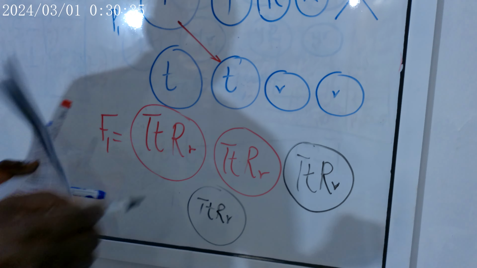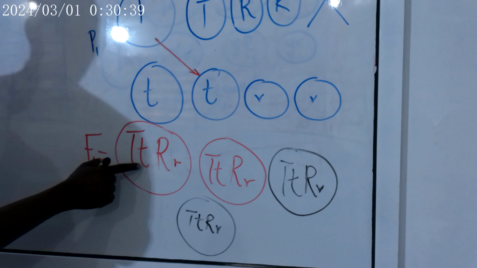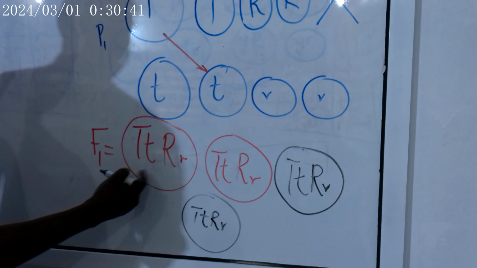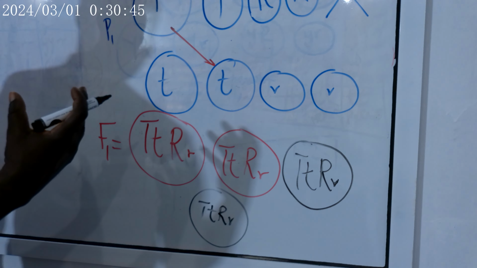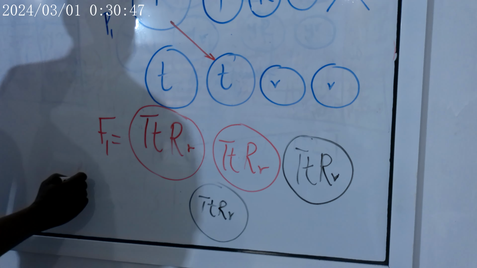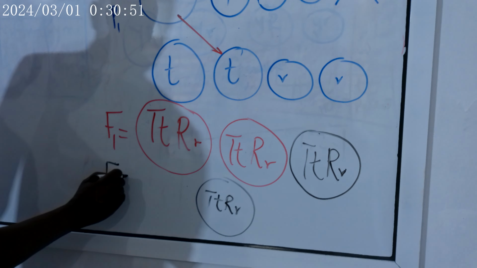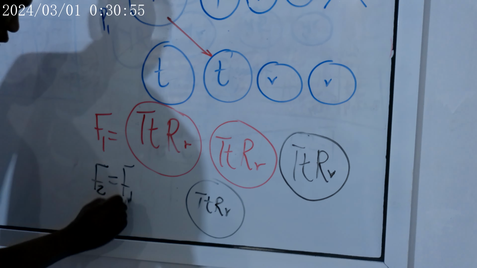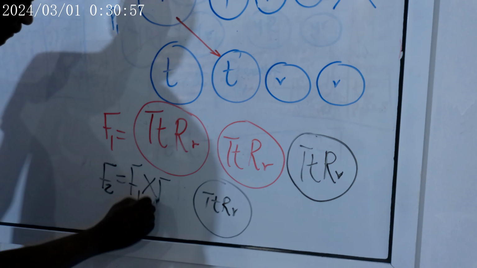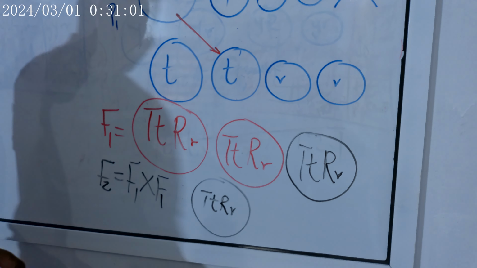Okay? So when you now have 4 of this, don't forget that for each of this one, we are going to have 4 values for you to be able to get your F2 generation. Don't forget your F2 generation has to be F1 cross F1. So you cross two F1 together.